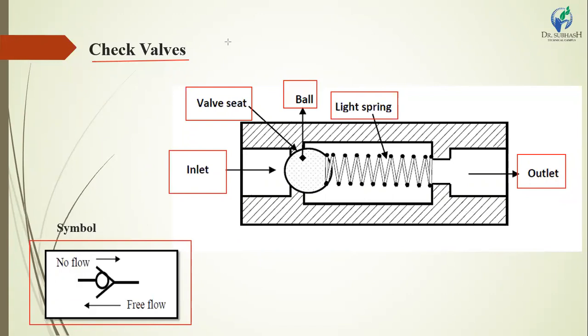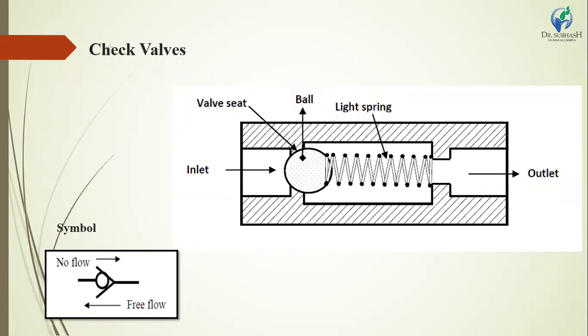Let us also see how it works. The pressure from the main hydraulic pump goes to the hydraulic circuit, where we attach the check valve in a series or parallel connection. Sometimes we also attach the check valve with a pressure control valve. A check valve is a unidirectional valve, also called a non-return valve, which allows the working fluid to flow in only one direction.